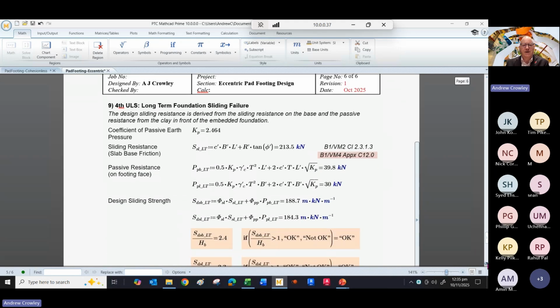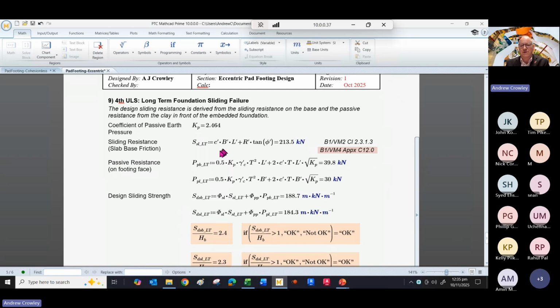And the fourth and final check we do for today is the long-term foundation sliding resistance. And so our sliding resistance at the base is again the cohesion underneath plus the friction generated from the vertical reaction. We look at the passive resistance on the footing face and calculate it as normal.